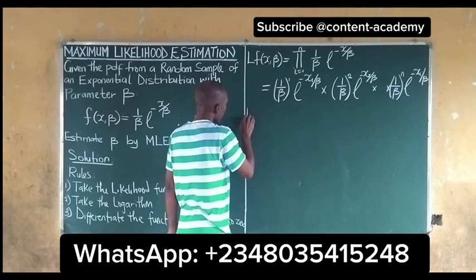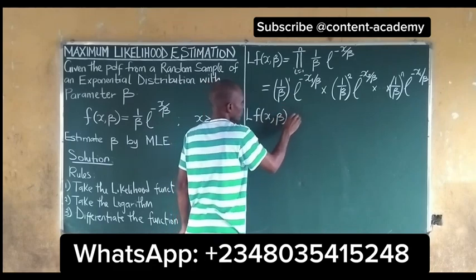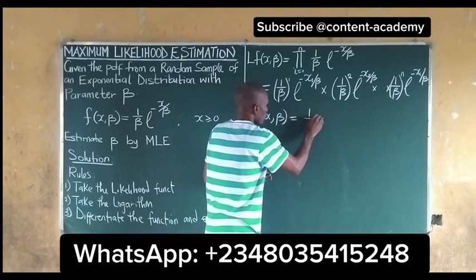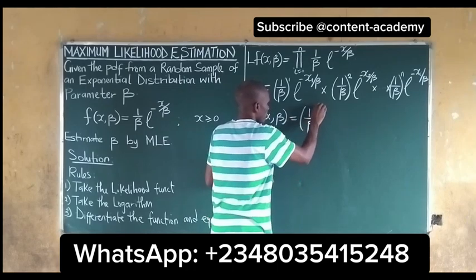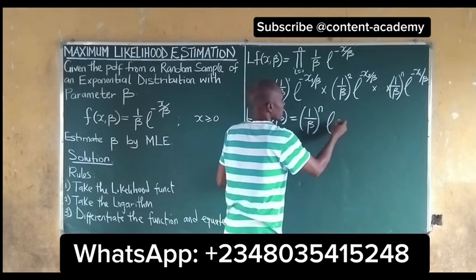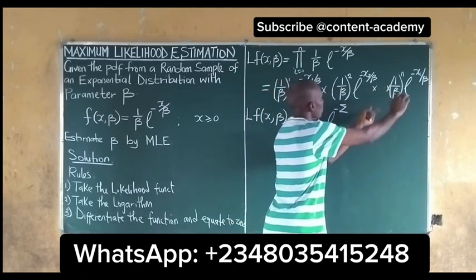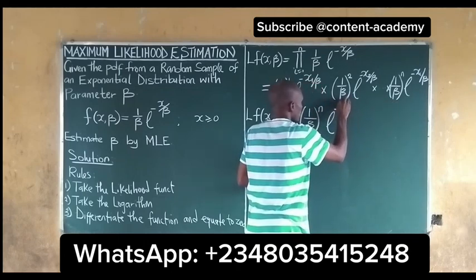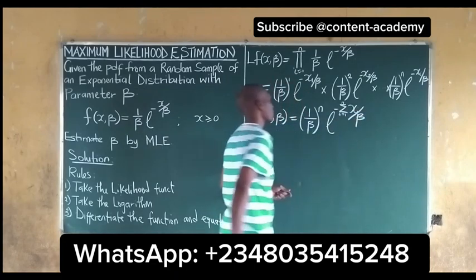Now, we can rewrite our likelihood function properly. Our likelihood function will now be equal to 1 all over beta raised to the power of n exponential negative, because if we take the product of this, we'll have the summation of x_i all over beta.